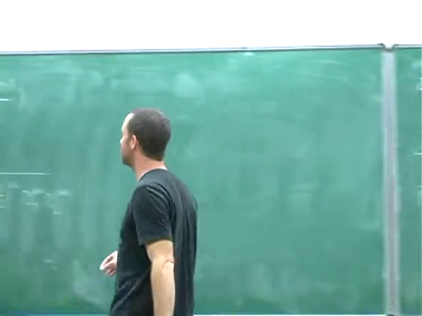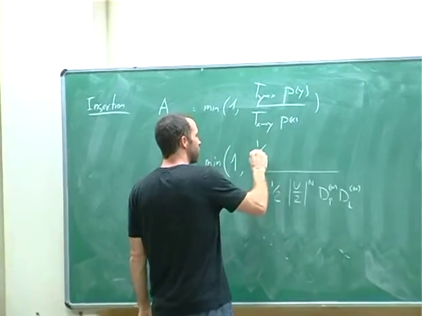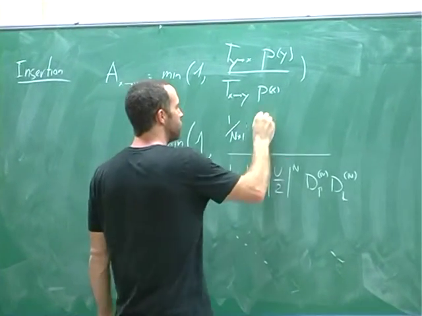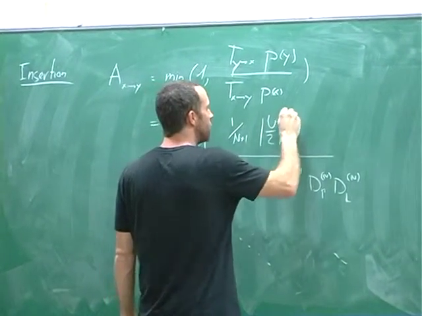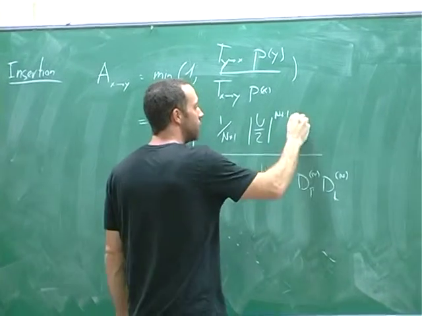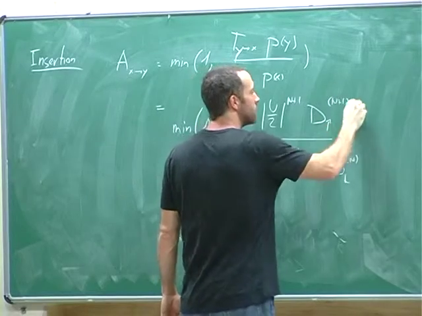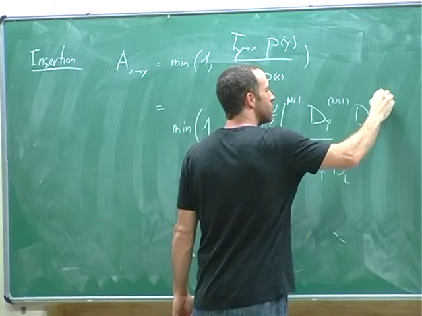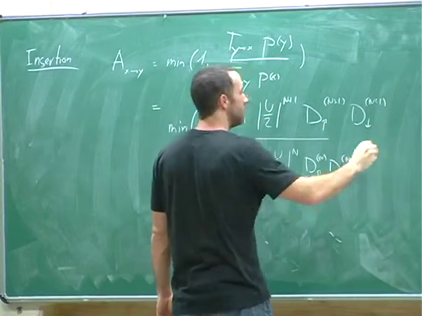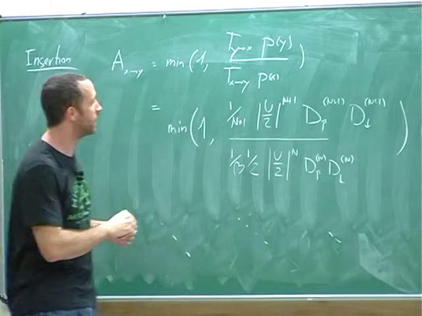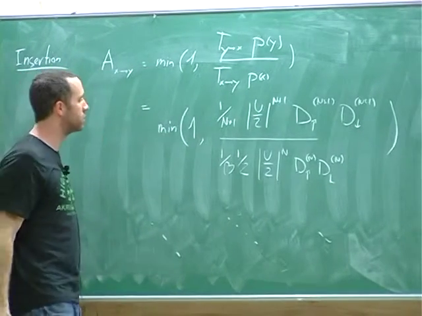The weight is u over 2 to the n plus 1, and again two determinants, but this time n plus 1 matrices. So that's the ratio.